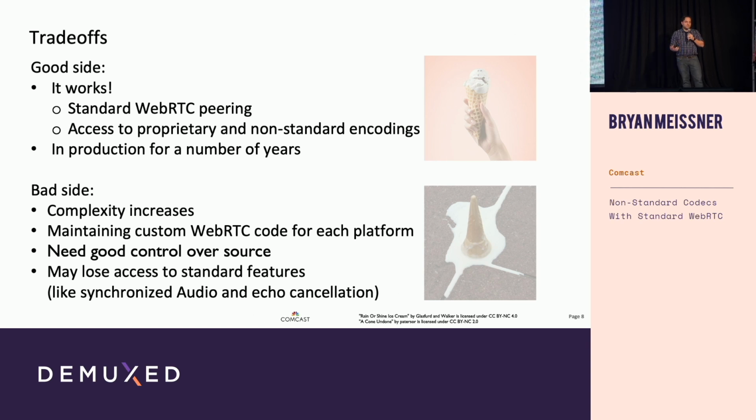So you may need to customize WebRTC for every platform you want to support. As you saw, we had a custom implementation for iOS, Android, and web. So you need really good control over your source. But another thing to keep in mind here is that you may lose access to other standard WebRTC features like synchronized audio and echo cancellation.